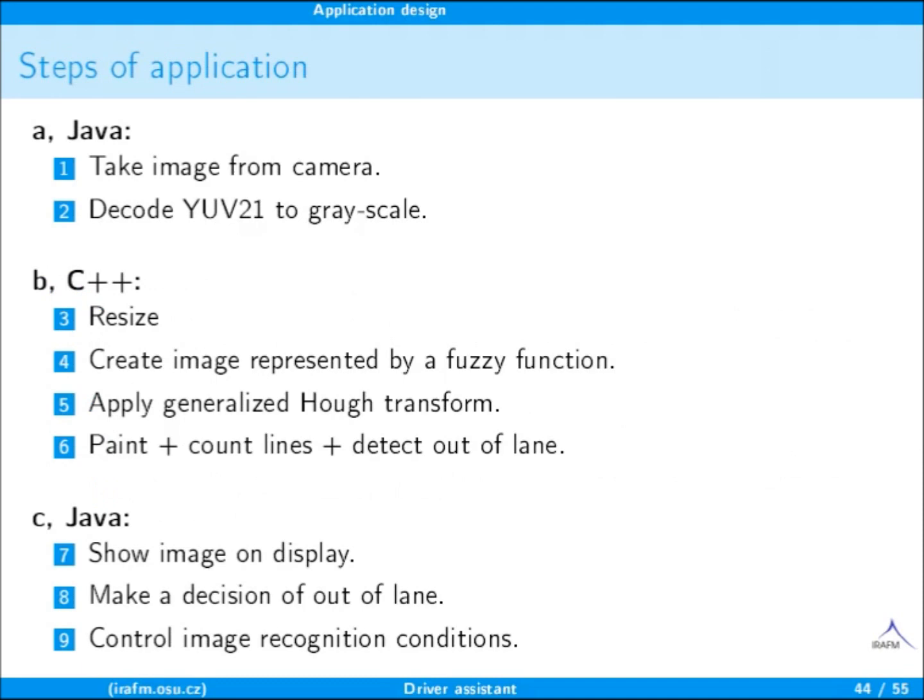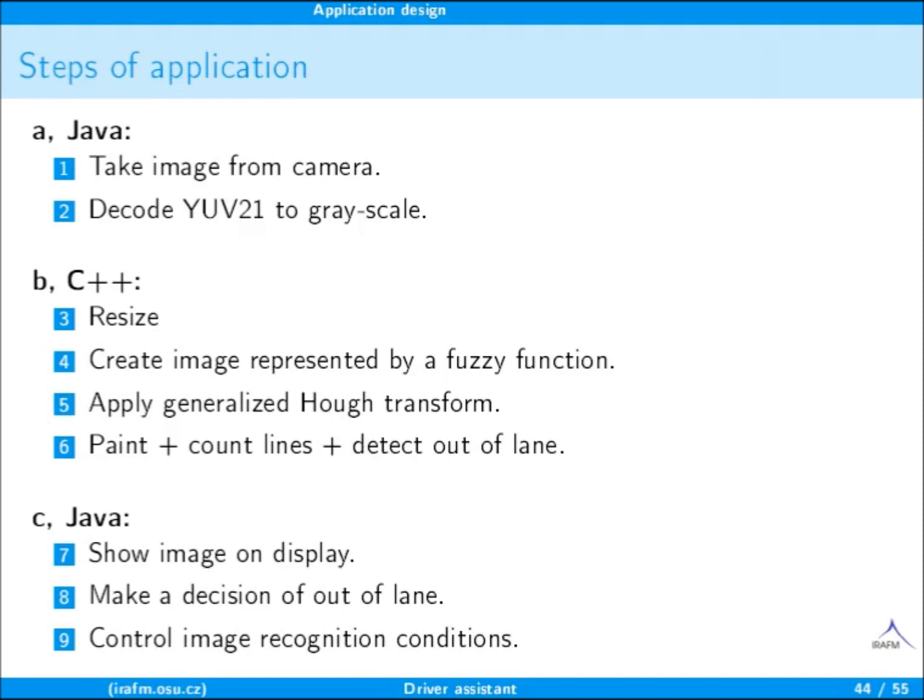From the propositions, we can derive the particular steps of the application. In the first step, we obtain the image from the camera and decode it from native format into a grayscale image in the second step. Then, using C++, we resize the image into our working resolution. In the fourth step, we create our structure and use it in the fifth step, where we apply the designed modified Hough transform algorithm.